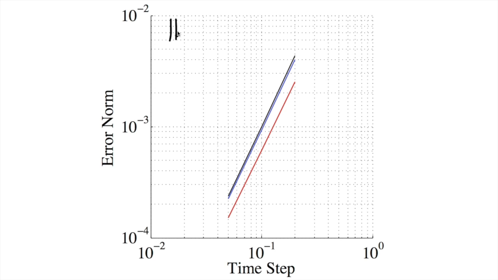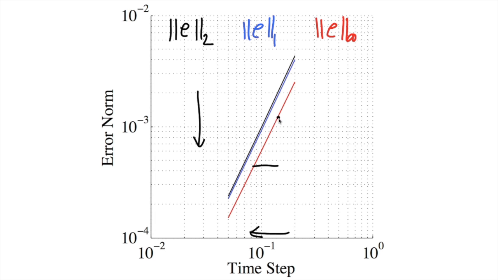Again, a quick reminder that the 2 norm is plotted in black, the blue curves are the 1 norm, and finally the infinity norm is plotted in red, and these norms now show a rapid decline as time step is reduced. We see a dramatic reduction in error, and if we follow the slope of this reduction, you would see that the slope is 2, so error is decreasing in proportion to the square of the time step.